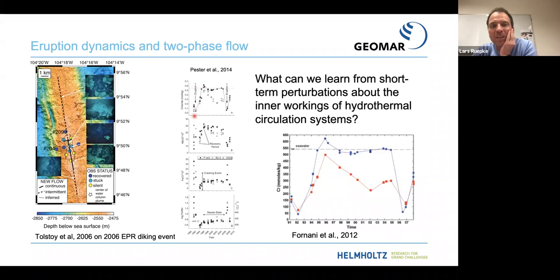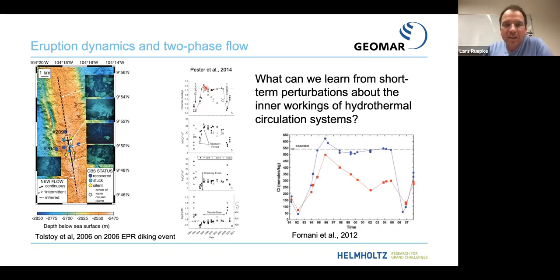For example, if you look at the paper by Pester from 2014, you see the eruption here at '91, and what happens is that right after the eruption we have very low salinity fluids venting. Then about a year to two later, the salinities pick up. They actually overshoot the seawater value.